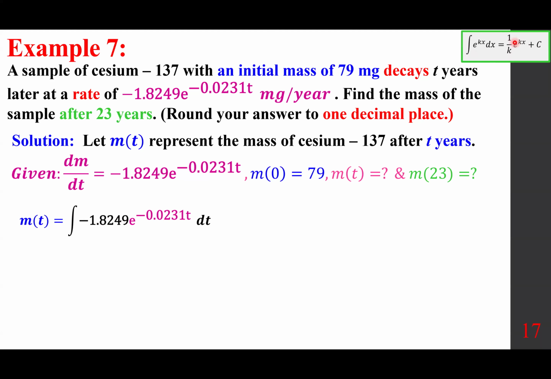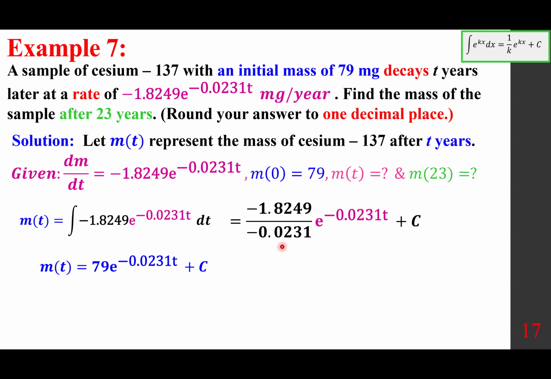You put this into a calculator, it gives you 79. Now, if the initial value is 79, we plug in m of 0 is 79. We plug in, which means we're going to get 79 e to the power of 0, right?